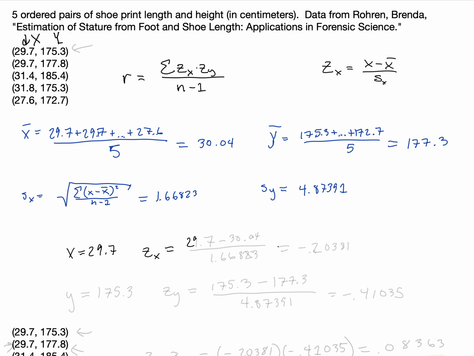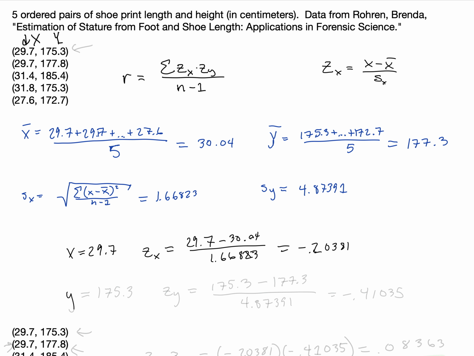So that's 29.7 minus the mean for the x values, 30.04, divided by the standard deviation for the x values, 1.66823. And if you calculate that out, you'll get a z-score of -0.20381. So that's the first z-score for x.